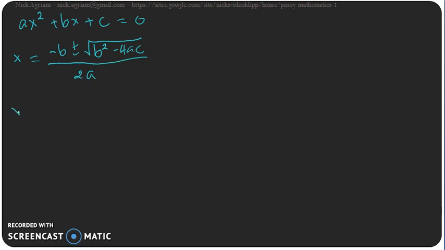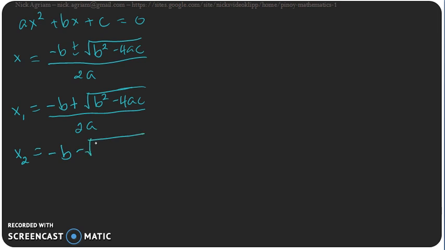So my first root is negative b plus the square root of b squared minus 4ac, divided by 2a, and sorry for that, it is plus first. And my other root is negative b minus the square root of b squared minus 4ac divided by 2a.